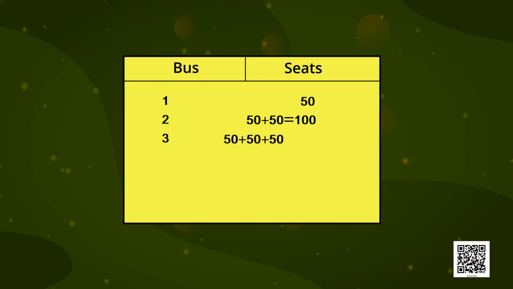Now, at this point, someone thought, if 4 buses come to the school, then how many students will be able to sit? Now see, one bus can seat 50 students. 2 buses can seat 50 more students, that is 100 students. 3 buses can seat 50 more students, that makes 150 students.